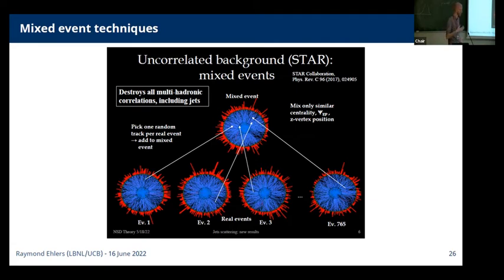One thing we can think about doing, and I think probably all of us have seen this slide at some point, is to utilize the idea of using mixed events to construct our background for these ungroomed observables. The idea is that you take components of similar events, or a single track from each event, to construct these mixed events that then describe your background very effectively, but preserve your signal of interest.